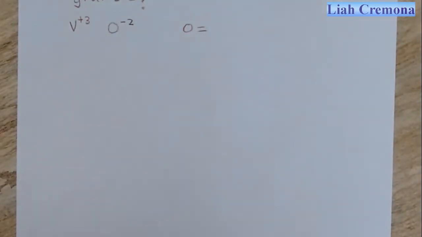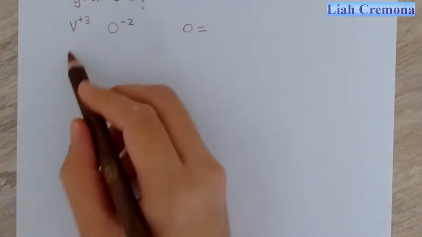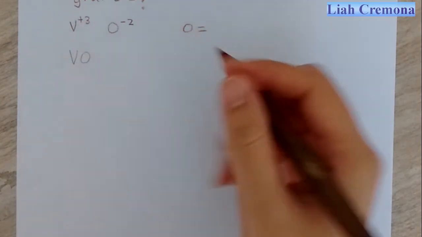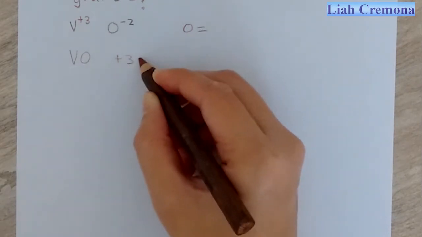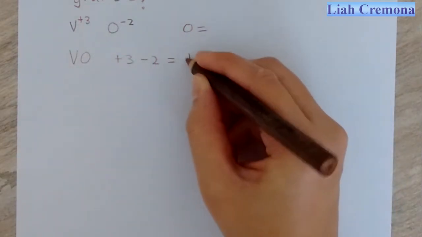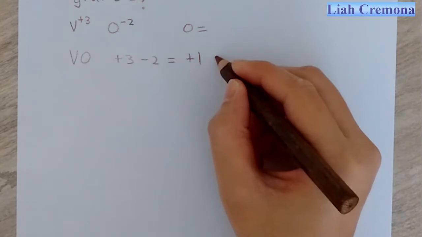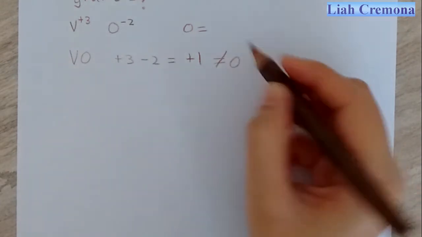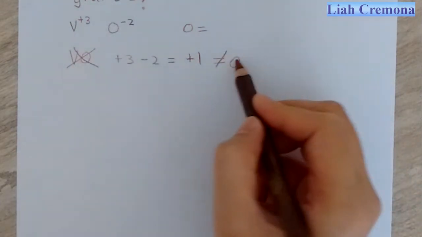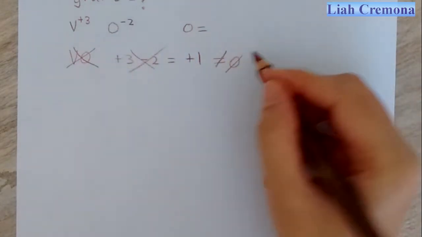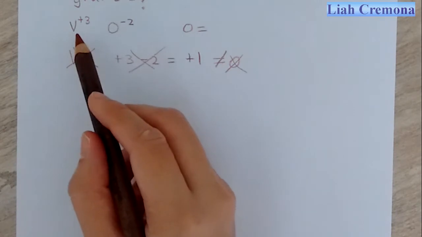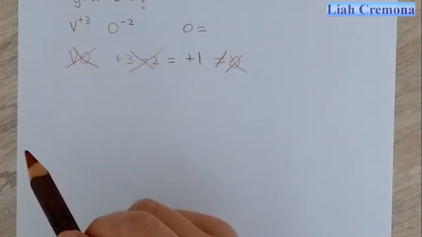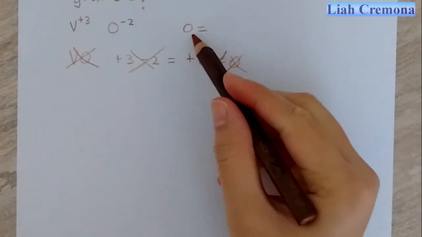So in this case, if we just added 1 vanadium and 1 oxygen, we would have the charge of +3 minus 2, which we know is +1, which is not 0. So this cannot be. So we need to figure out how many of each vanadium and oxygen we need in order to have a neutral compound.